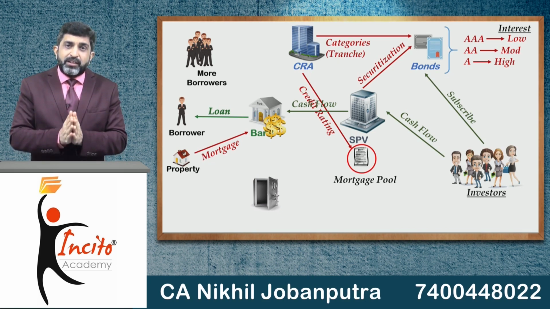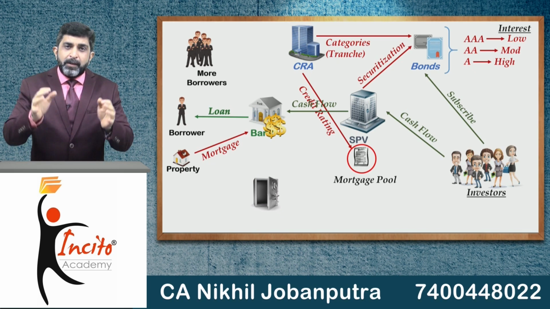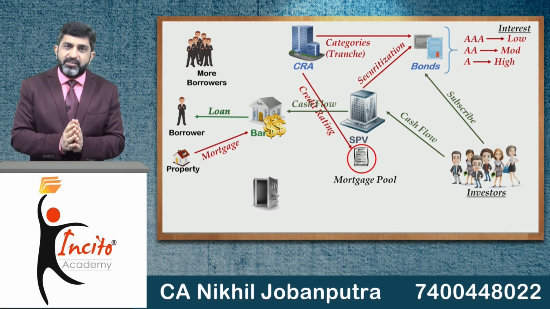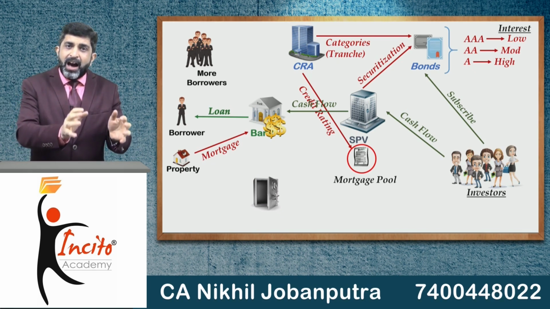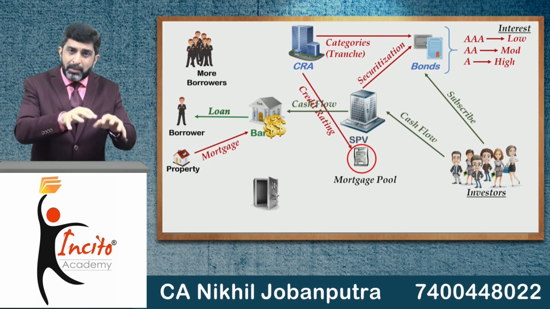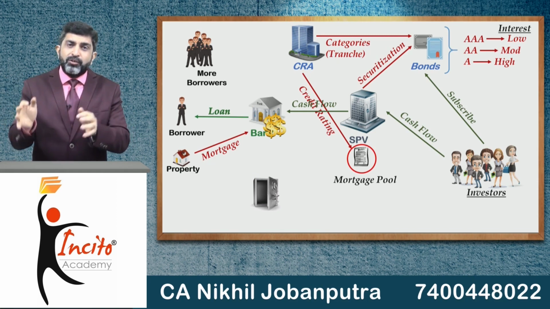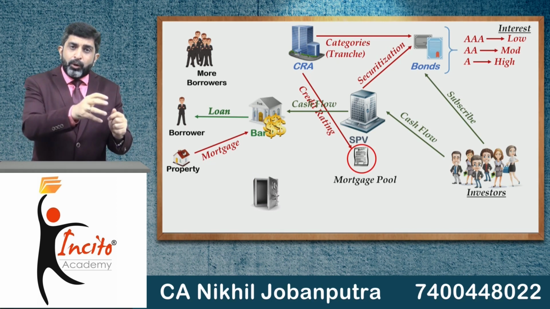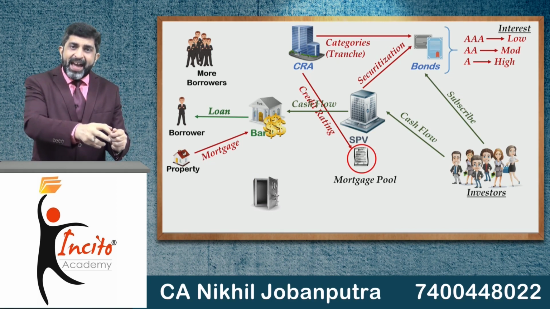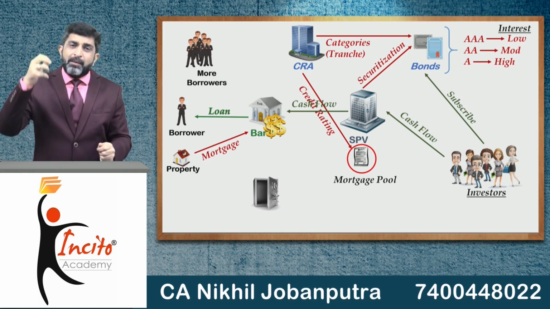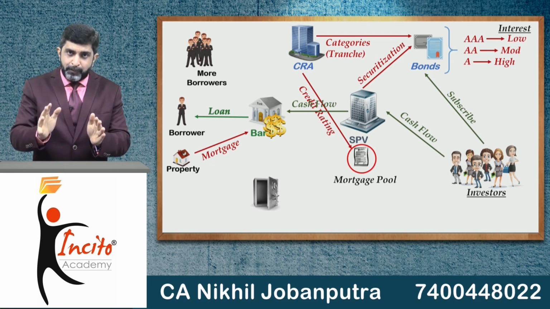And friends, therefore, you can see one thing, through this whole process of securitization, investors are people from general public. Borrowers also represent general public. So money of general public has been picked from them and passed on to the general public again.